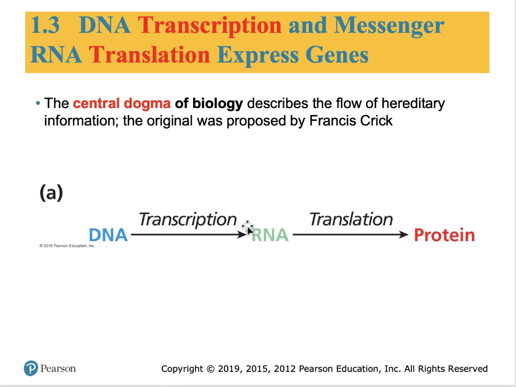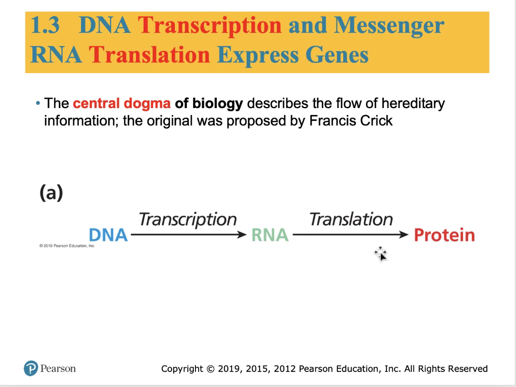Well, the answer is it has to go through RNA. So RNA is a very, very important intermediary between DNA and protein. And what you'll learn in the next few weeks is that not all information has to go all the way across to protein. Some information can stay within DNA, other information is converted to RNA, and then some information gets converted to protein.